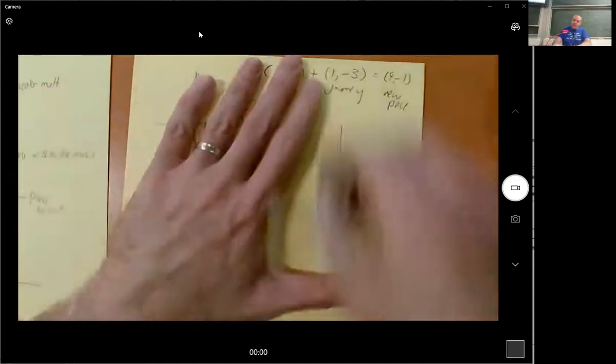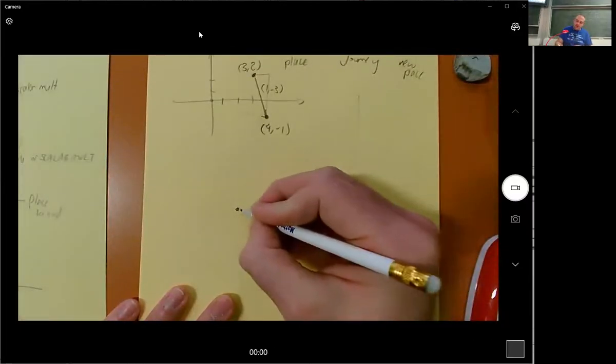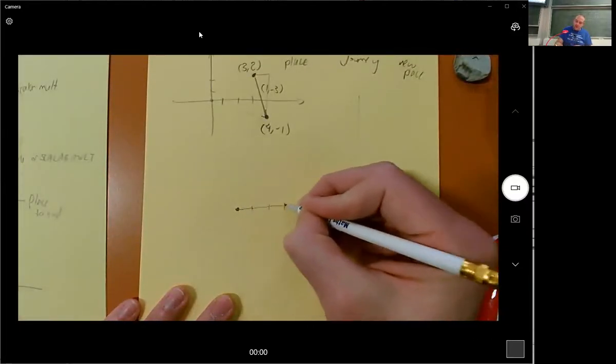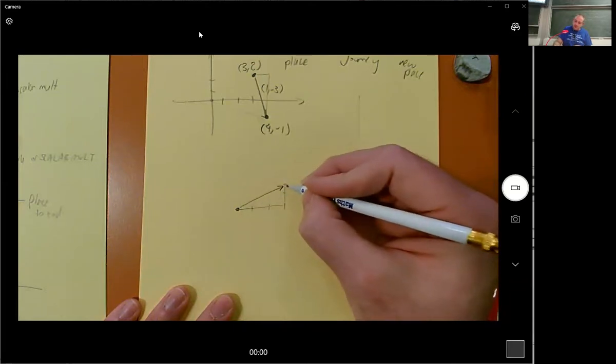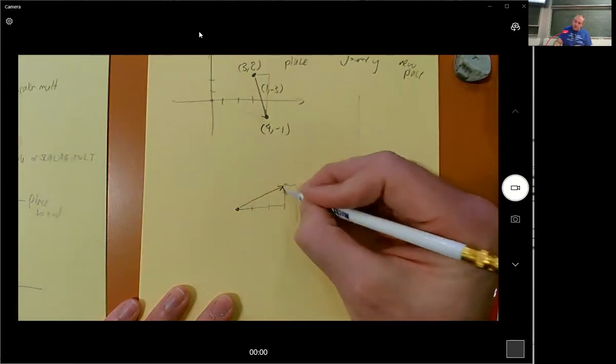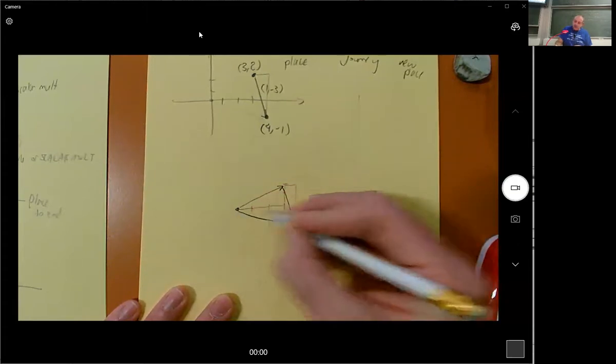But you can also think of it as, no matter where you start, if you go 3 this way, 2 this way, and then go 1 this way and 3 this way, then it's the same journey as going 4 this way and 1 this way.